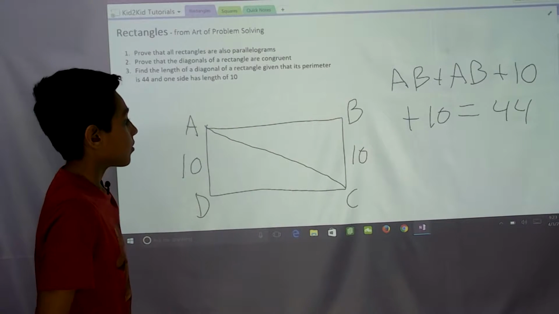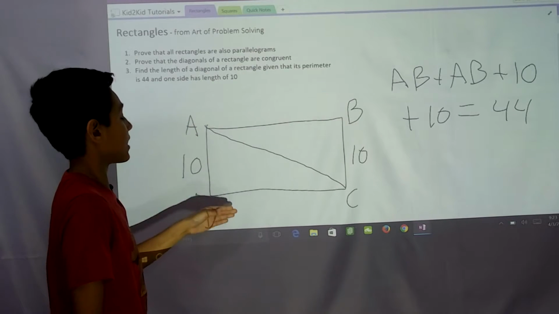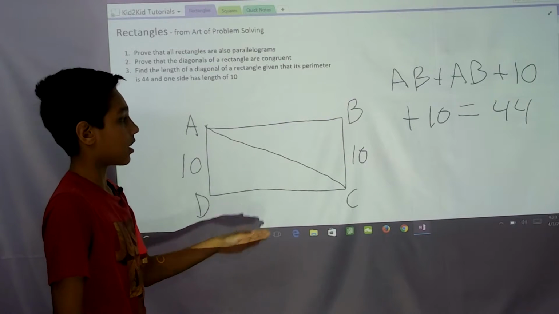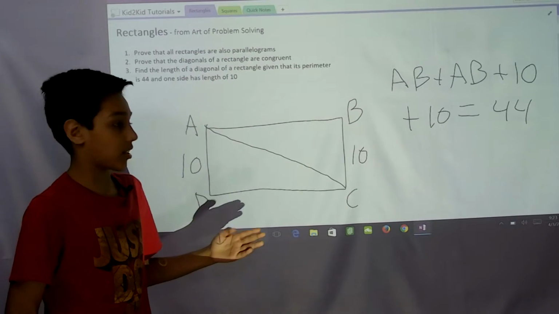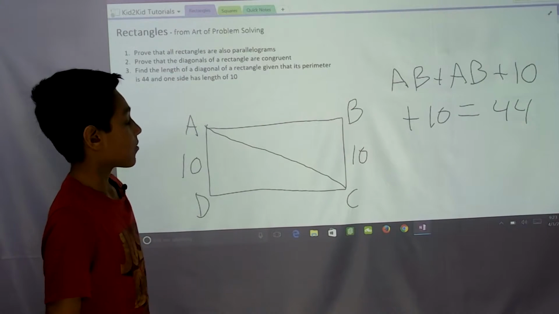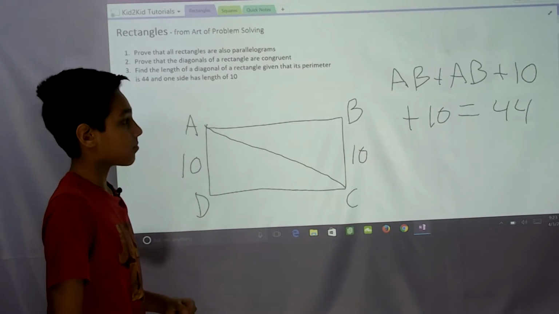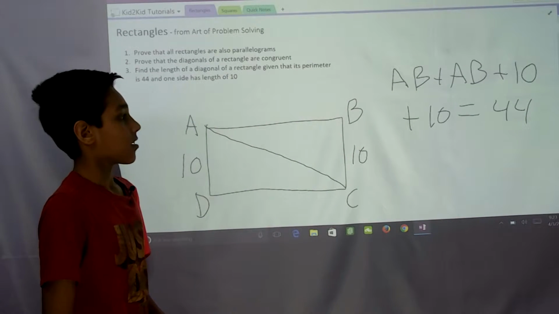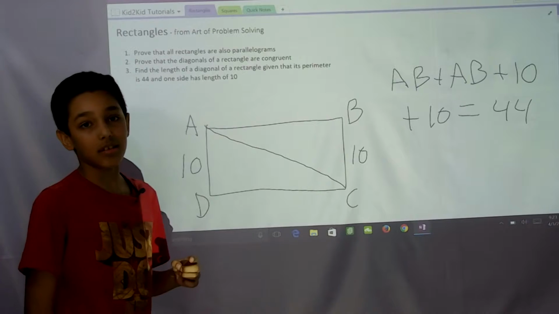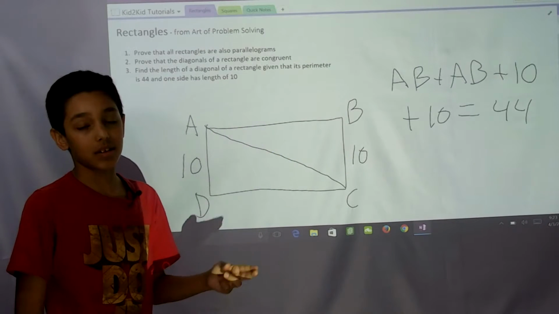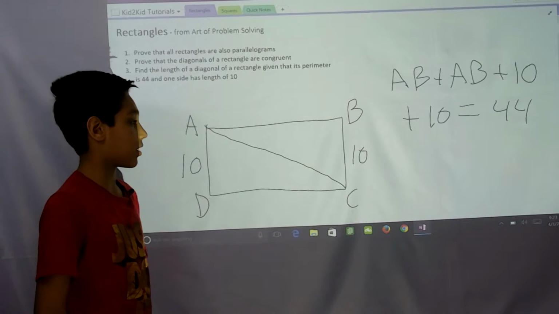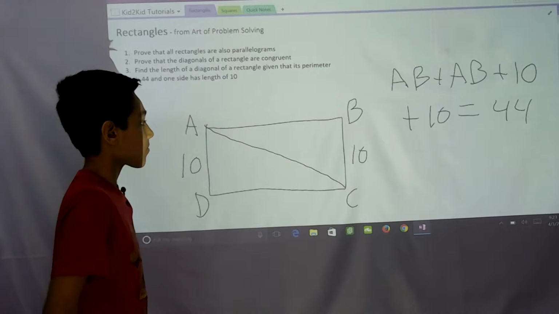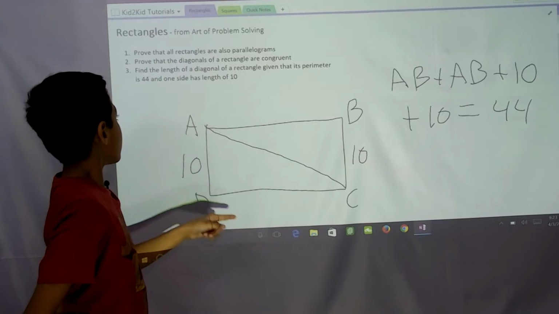So we know that AB and DC must be equal to 12 if the perimeter is going to be equal to 44. So if we plug in 12 for AB, we have 12 plus 12 plus 10 plus 10, which equals, if we add the two 12s, that's 24, plus the two 10s, which is 20, and then we get 44 by adding those two. So this must be 12, and this must be 12.